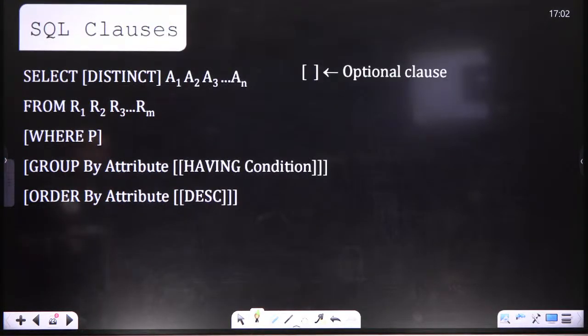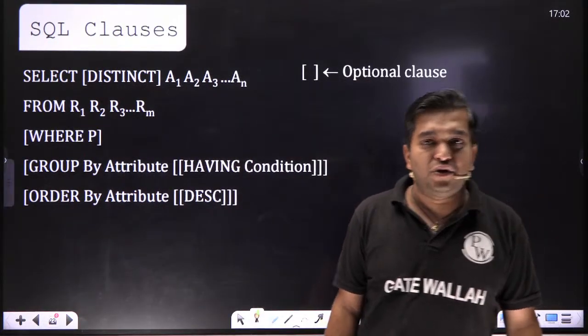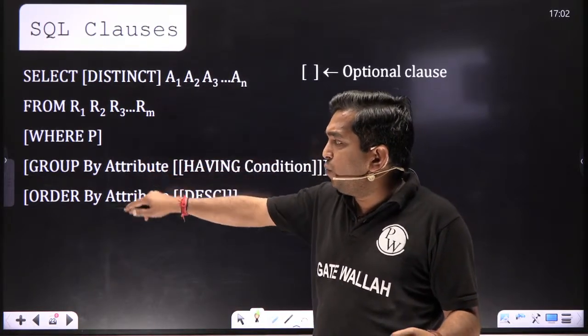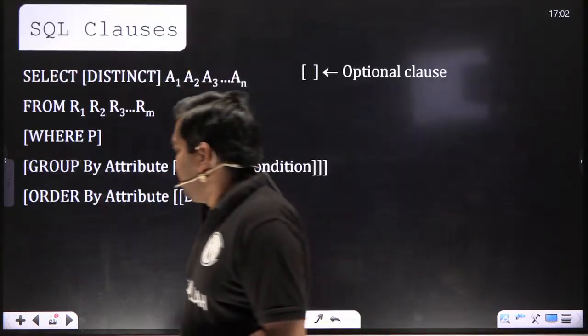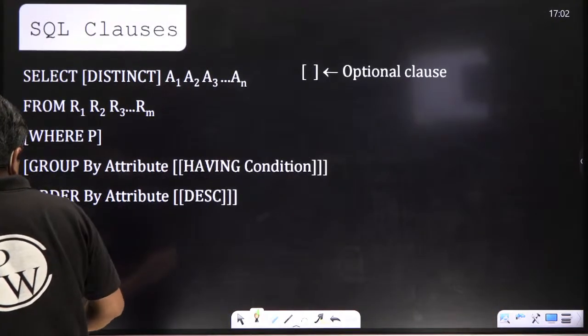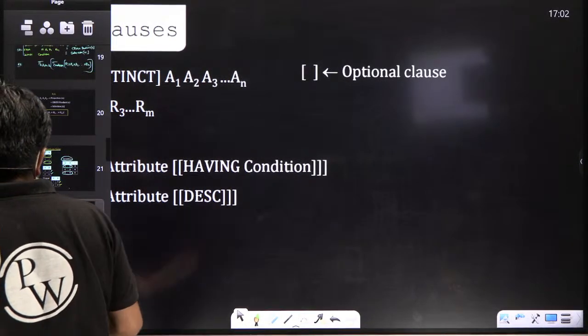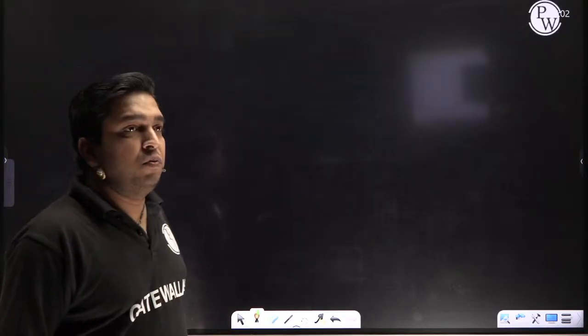Now I am going to discuss SQL clauses. Let me know what is the sequence of the execution. There are various SQL clauses: select, from, where, group by, order by. First of all, let me know how many mandatory clauses there are in SQL. How many mandatory clauses, children?